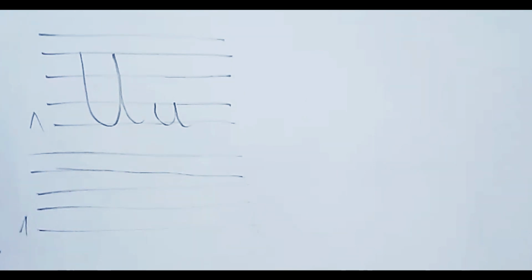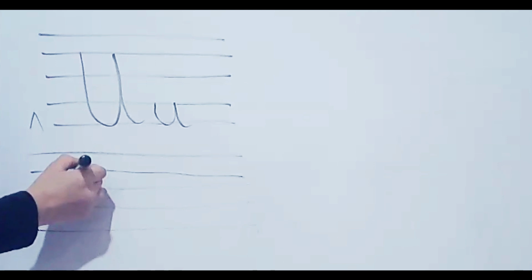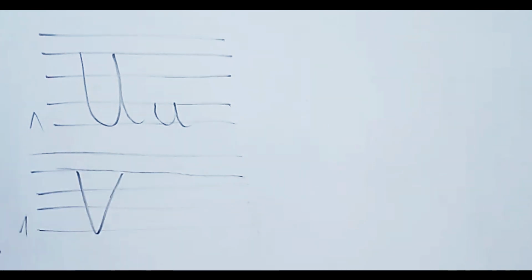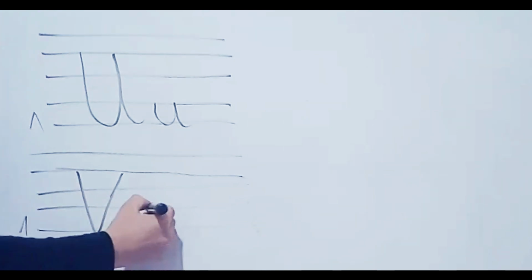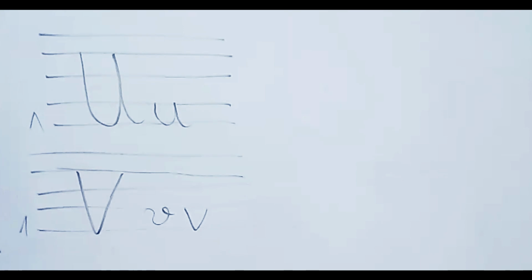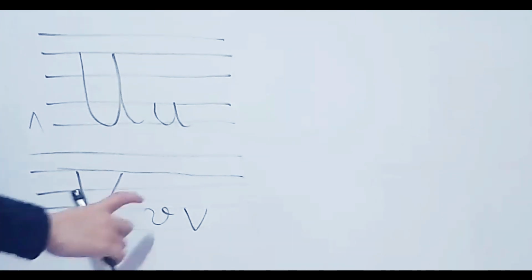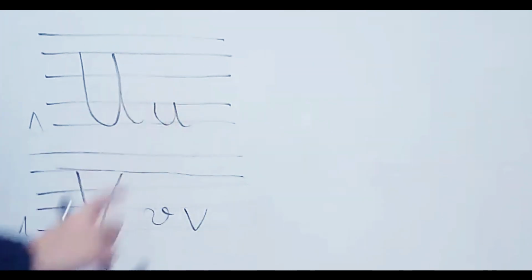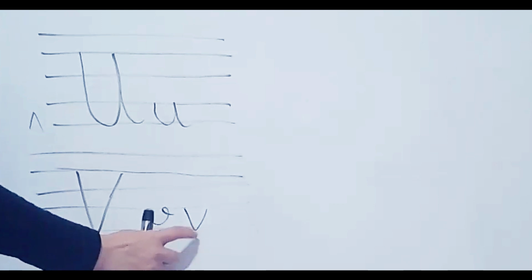Now the V. The V capital letter is like this. The small one, you could write it in both ways. You could write it like this or like this, which is similar to this one. Okay? الكتابة المتصلة تستخدم هذه الفي، الكتابة المنفصلة تستخدم هذه.